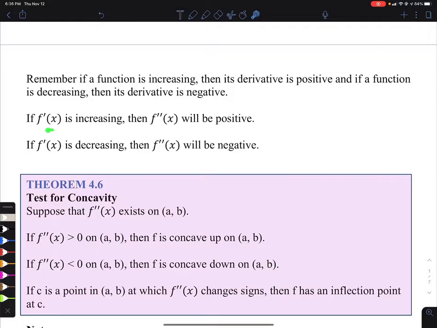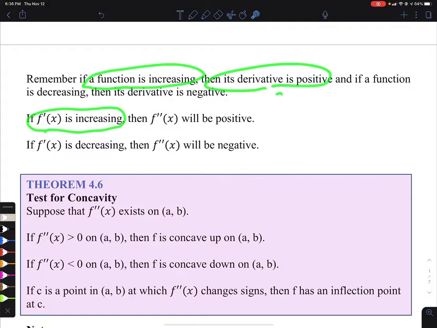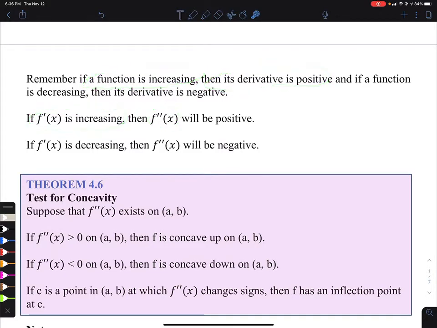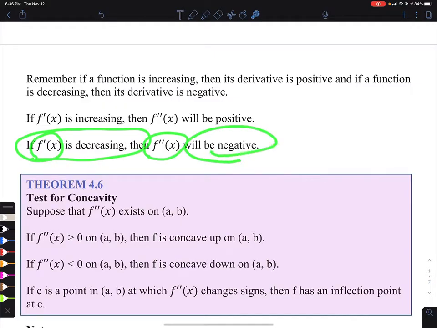What if f prime is increasing? If f prime is increasing, its derivative must be positive. Well, if f prime is increasing, its derivative, which is f double prime, will be positive. And if f prime is decreasing, its derivative, f double prime, will be negative.